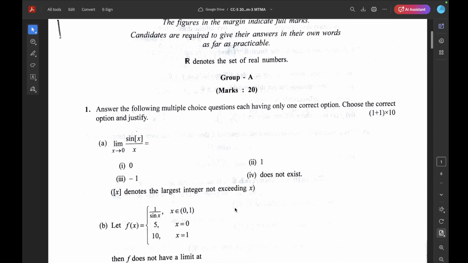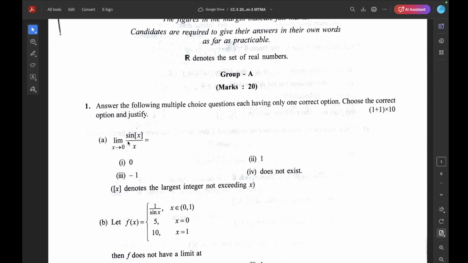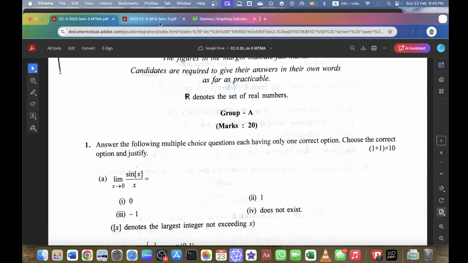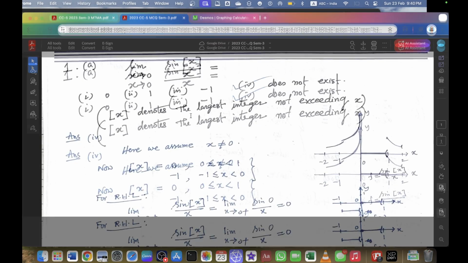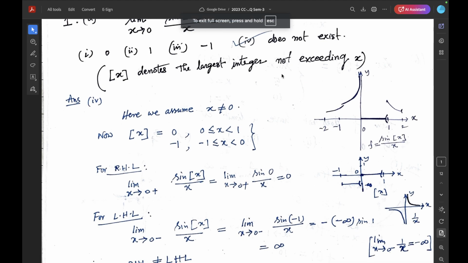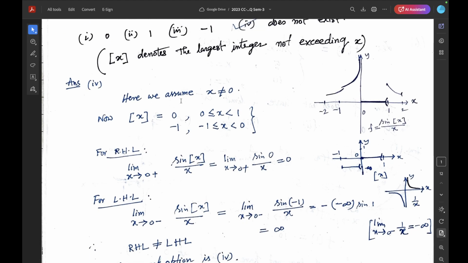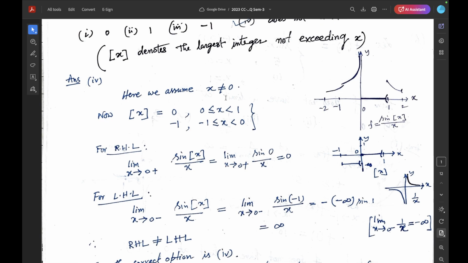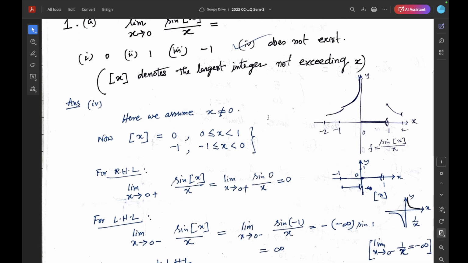Question 1a. Limit as x tends to 0 of sine of box x, whole divided by x, equals what? Does not exist. Option 4. Here we assume x not equal to 0.